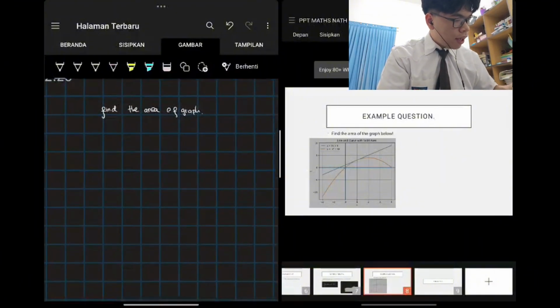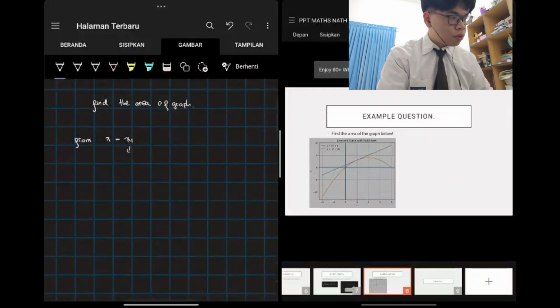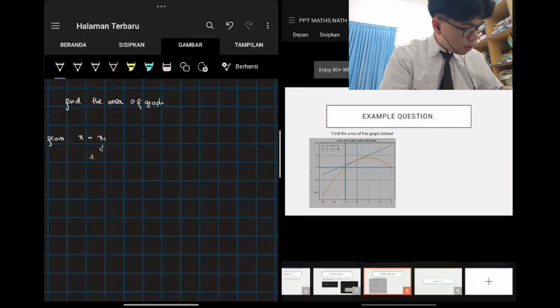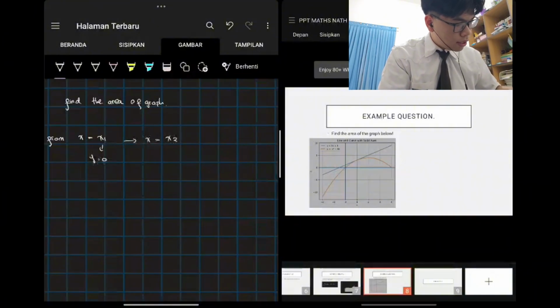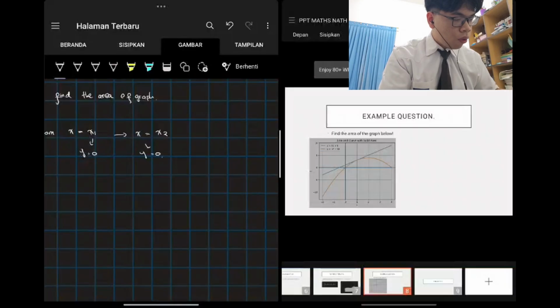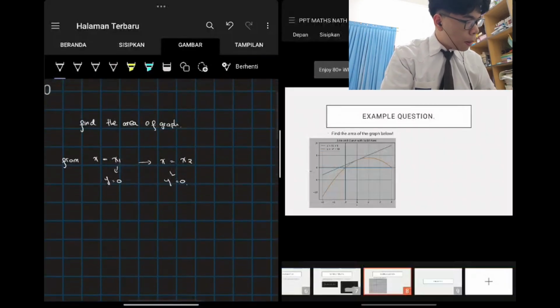For the specific area, it will be from x equals x1, which is the first x where the curve is 0, and x equals x2, the second x where the y value for the curve is 0.